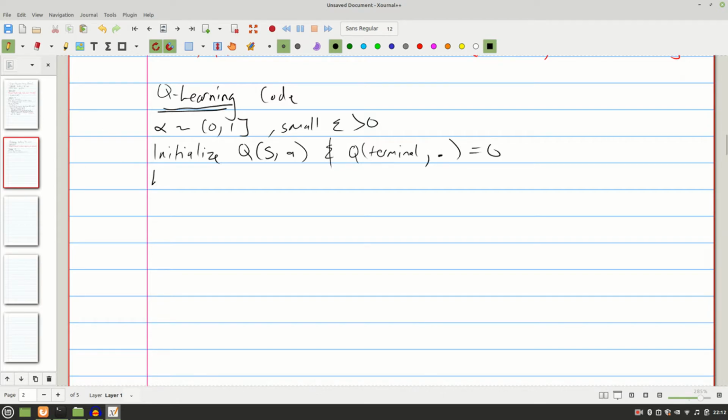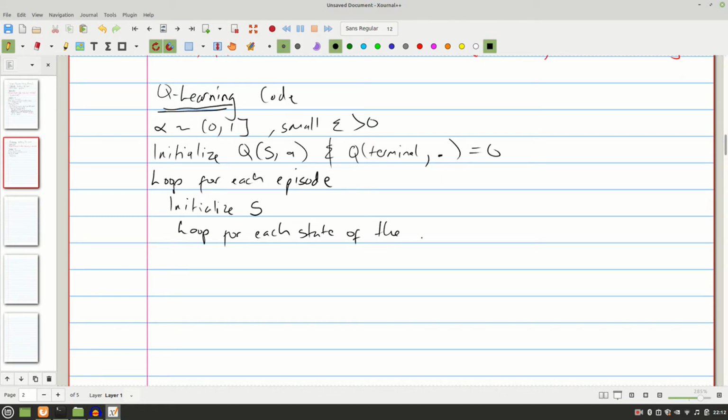Just like SARSA, we loop for each episode. We initialize S first, our initial state, and then we loop for each step of the episode.